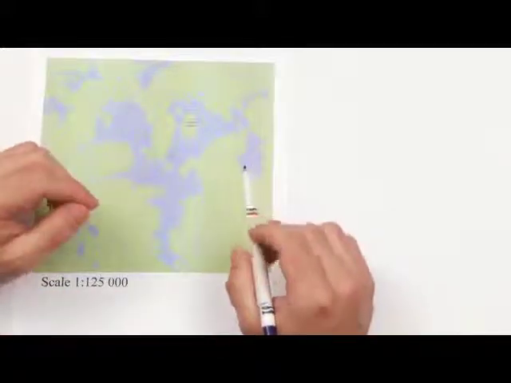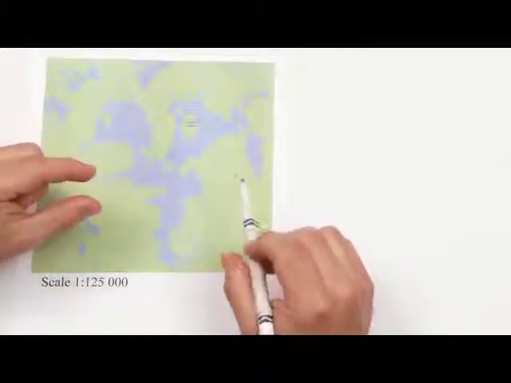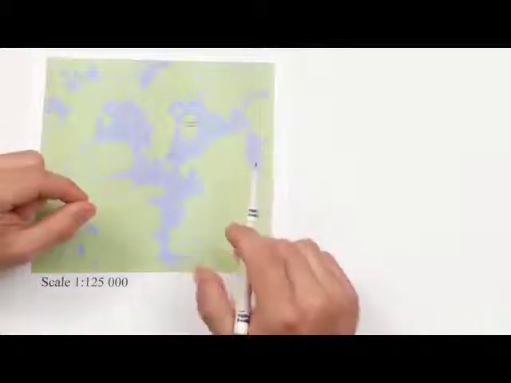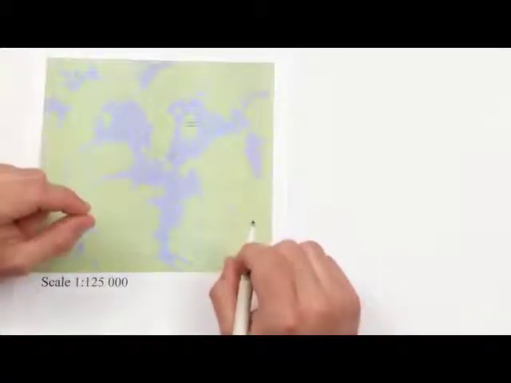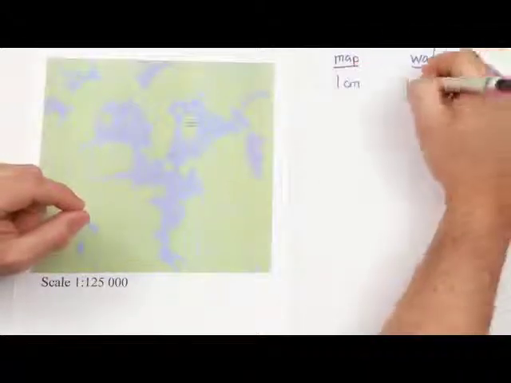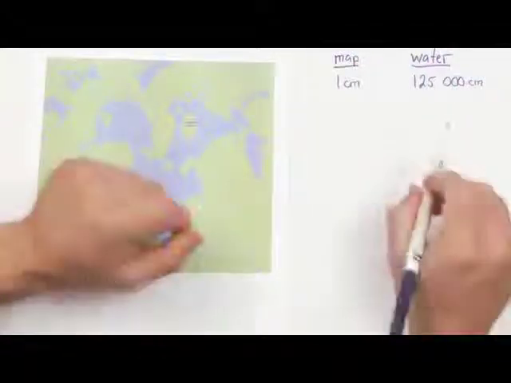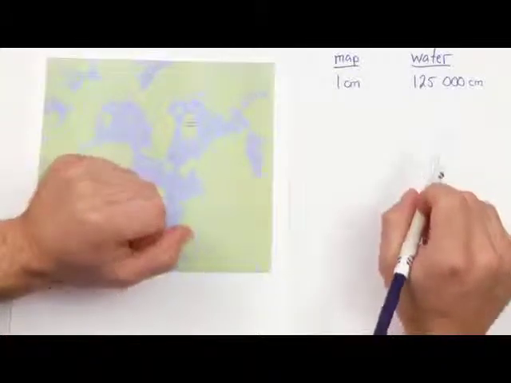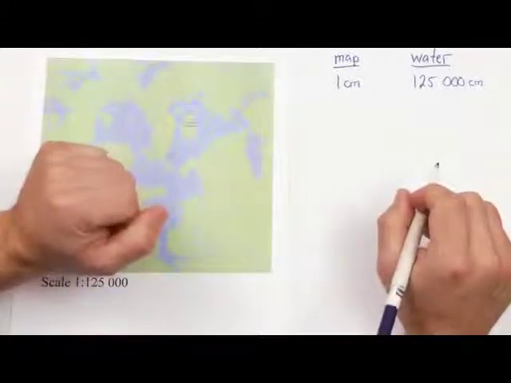That means that 1 centimeter on the map represents a distance of 125,000 centimeters on the water. Now that's a lot of centimeters. Maybe thinking in terms of meters would be more helpful.